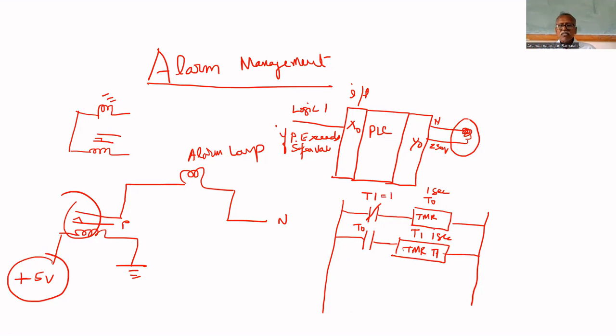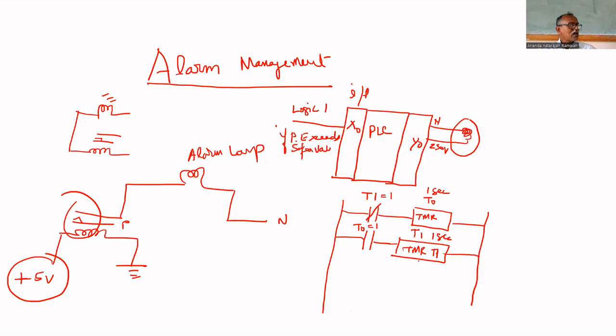Therefore this timer started. This is an on delay timer. On delay timer means it will turn on after 1 second. So after 1 second, this T0 will turn on. That means this becomes logic 1. Therefore, it will start this.